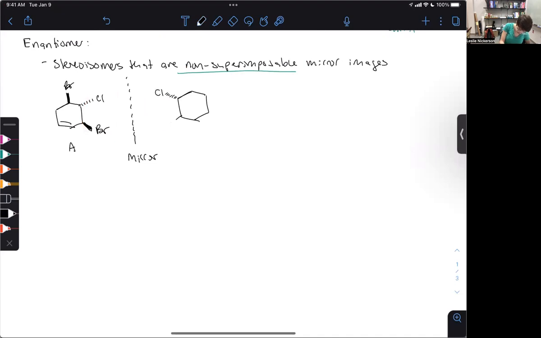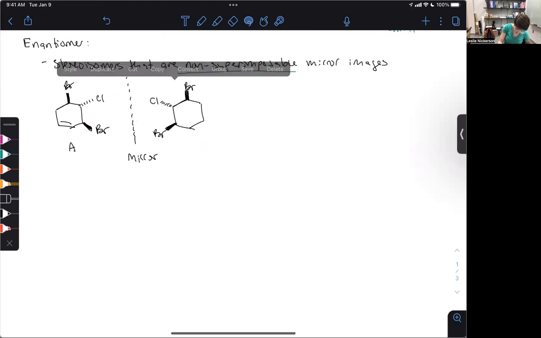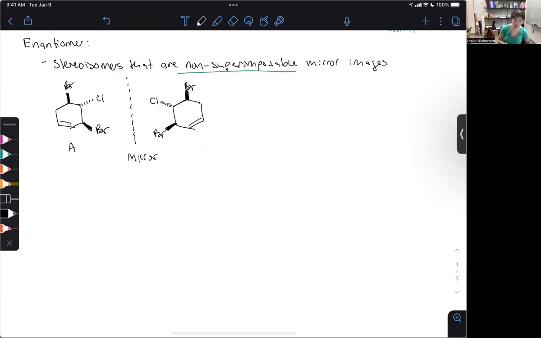So the Cl, the Br, and then we've got a Br up here. And notice all of the wedges and dashes are the same here. Those did not change because in the mirror they will not change. And then our double bond is over here.